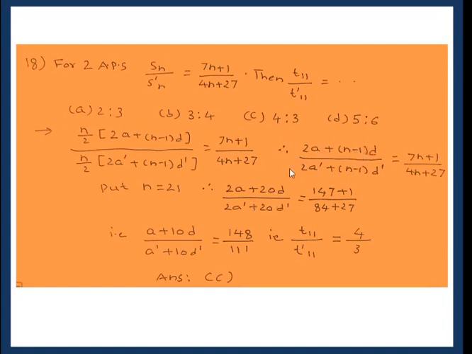The coefficient of D, n minus 1, happens to be 20. So n minus 1 is 20, that is n equal to 21, and that is why I have put n equal to 21. So that gives me A plus 10D upon A dash plus 10D dash equal to this. We write the ratio in reduced form. It is 4 by 3. So the correct option is C.